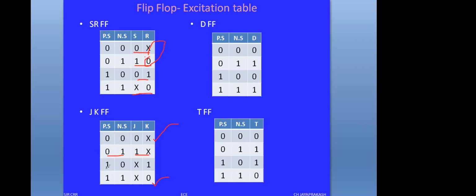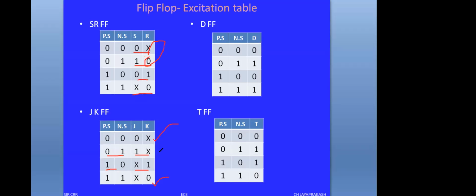Similarly, when it is 1 0, it is don't care 1. In place of don't care, we have 0 for SR. That is the difference. For the JK flip-flop, the remaining will be easy: in the 0 1 condition and 1 0 condition, we replace x by 0, and this will be similar to SR.